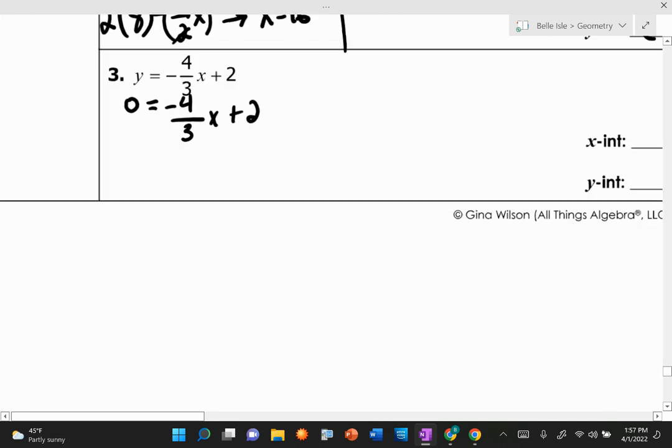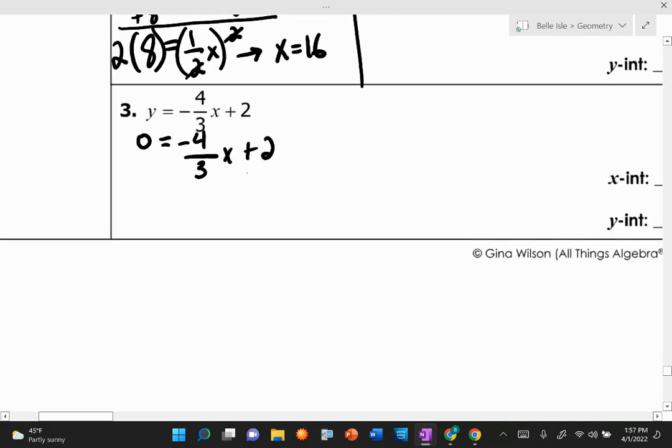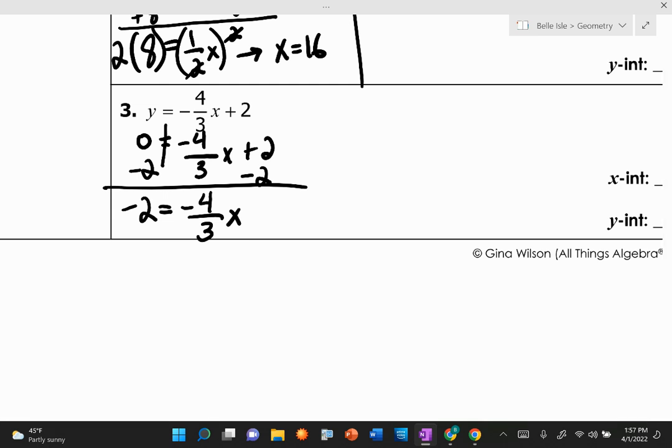Okay. So, yes, we need to do the split. Take 2 away from both sides. You should have -2 equals -4 over 3x. Getting rid of fractions takes 2 steps if you have a number bigger than 1 on top.